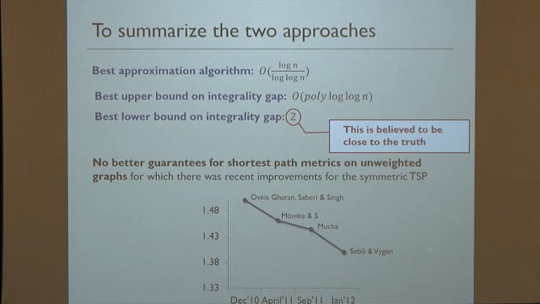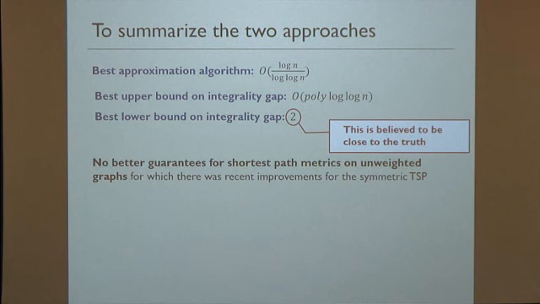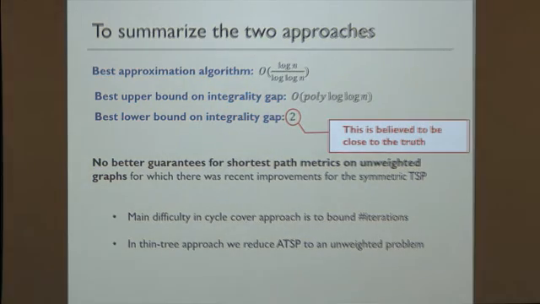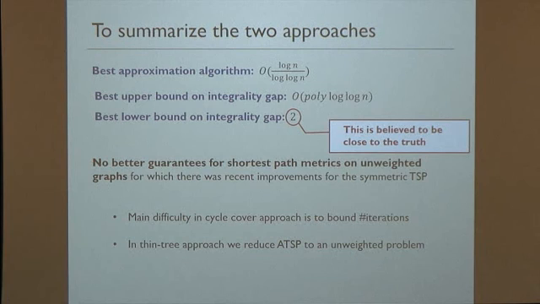The last one by Sebo and Vygen gives 1.4 for shortest path metrics. And it's not clear how to get anything better with these approaches for ATSP, because the main difficulty in the cycle cover approach was to bound the number of iterations. And in the thin tree approach, we actually reduced to the unweighted graph problem. So it's not clear how to use that you have a shortest path metric. Basically, if you manage to use these approaches there, you would probably solve the general problem.